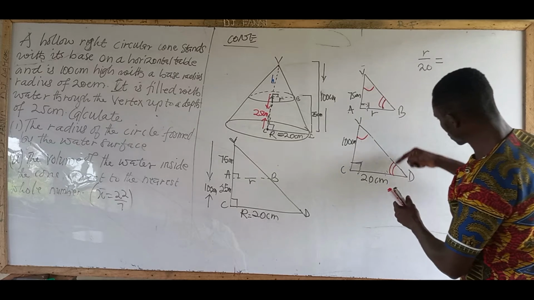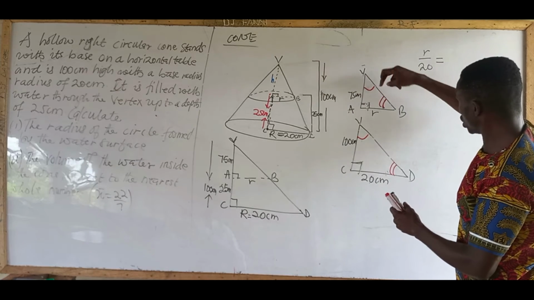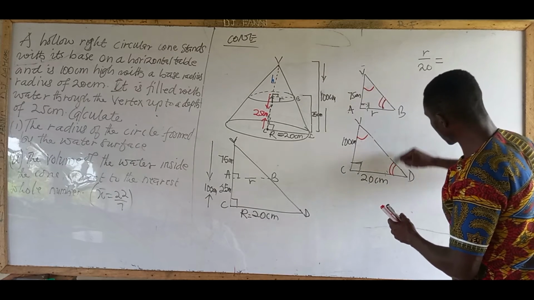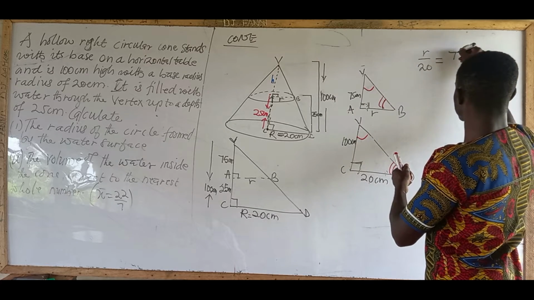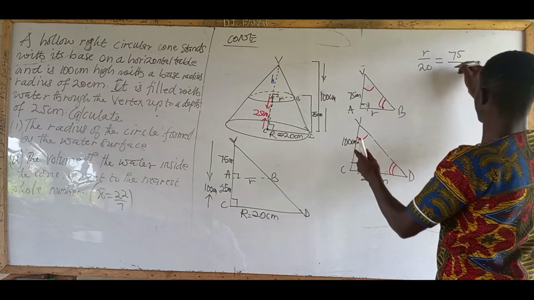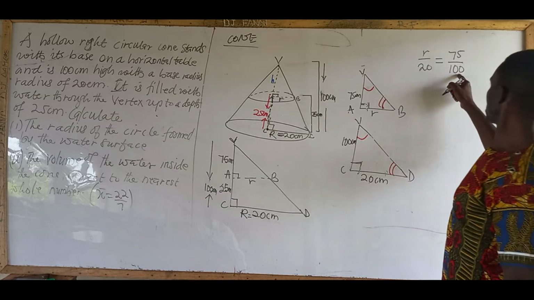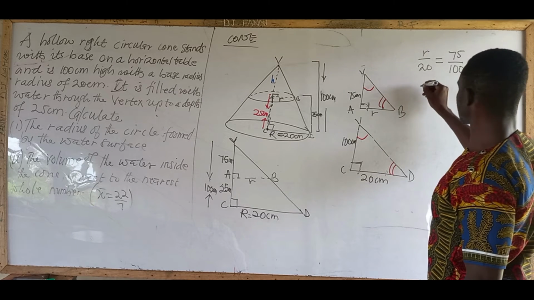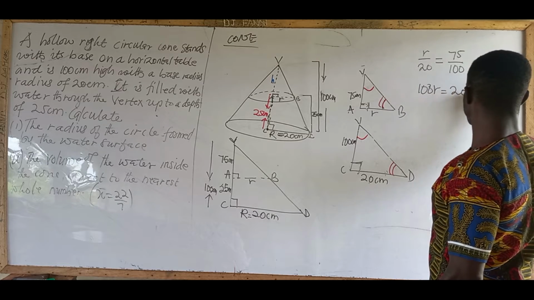You see this side is equal to that. And this side, I pick here first, so I have to go to a smaller triangle also. This side is equal to this, and opposite of this side is 75. And that angle which is equal to this, what is this opposite side? 100.